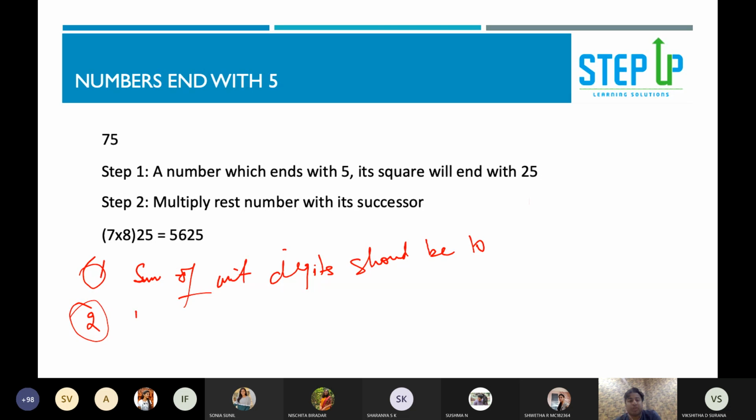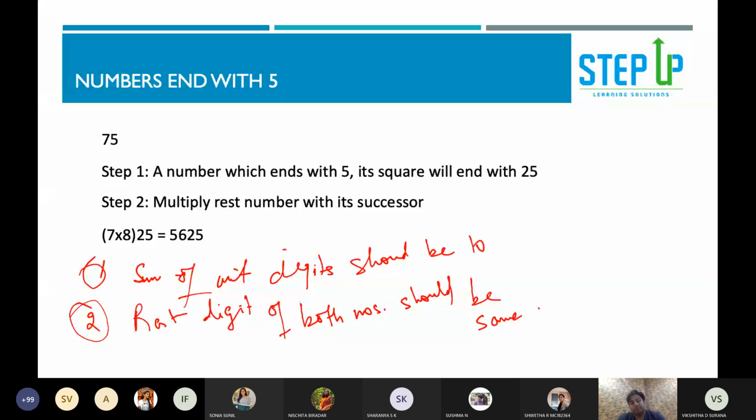Second, the rest of the digits of both numbers should be the same.